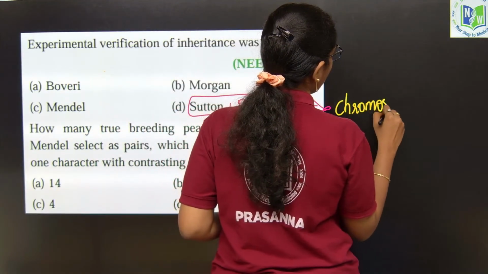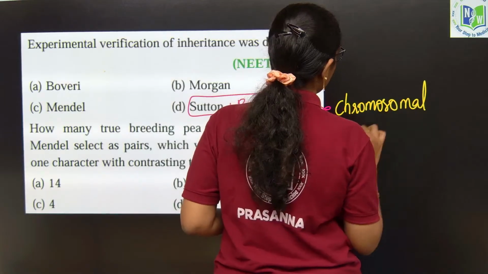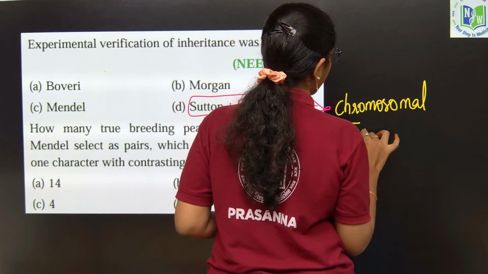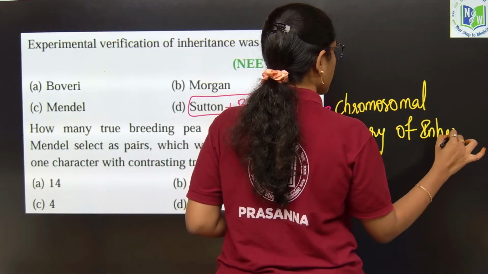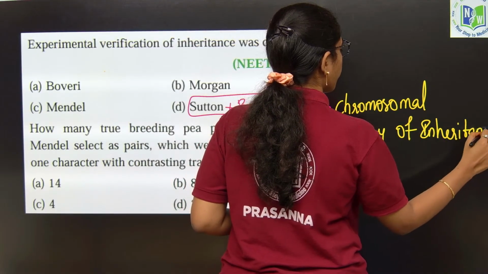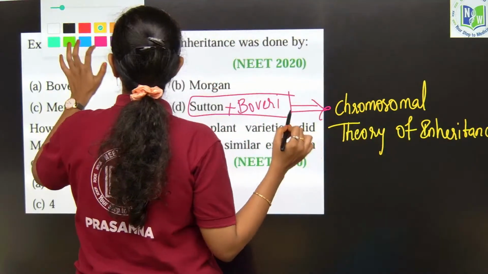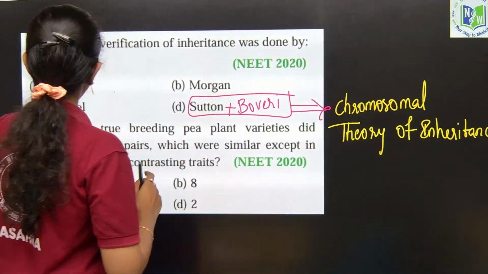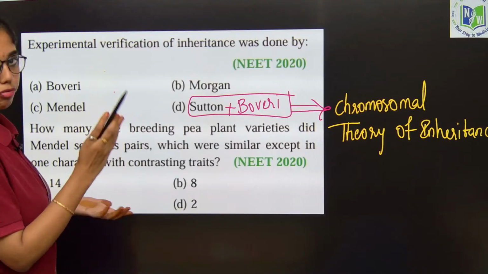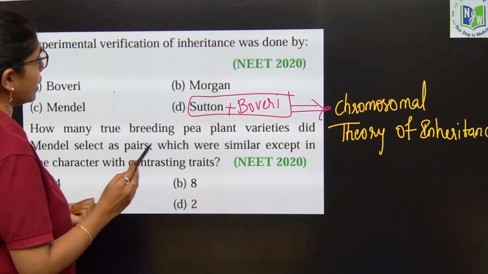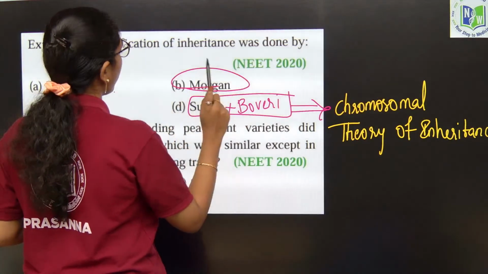Chromosomal theory of inheritance. Fine. And then the experimental verification for the chromosomal theory of inheritance is given by Morgan.